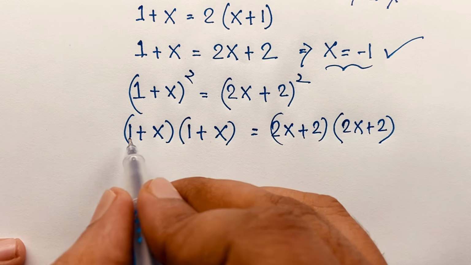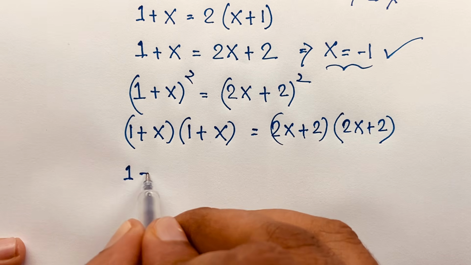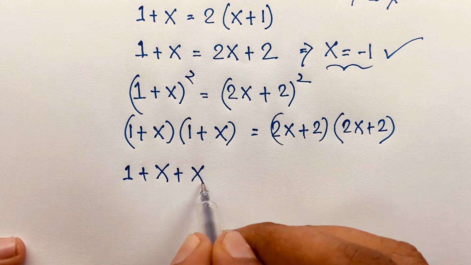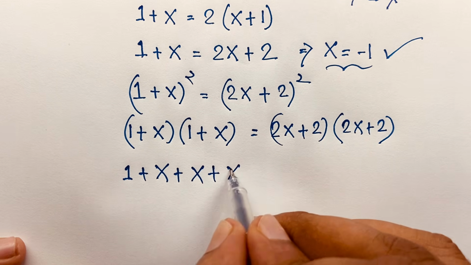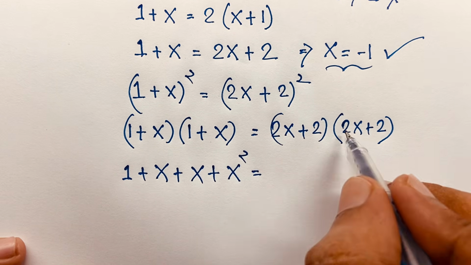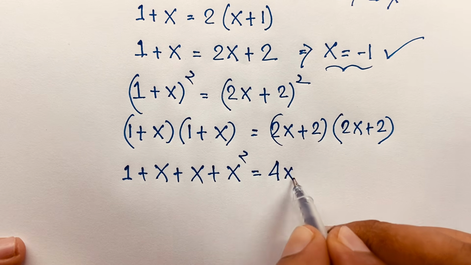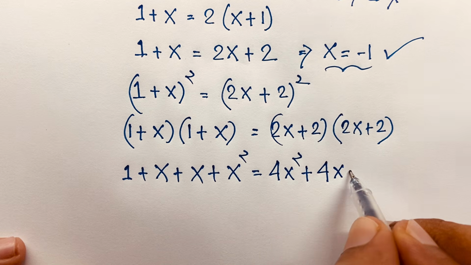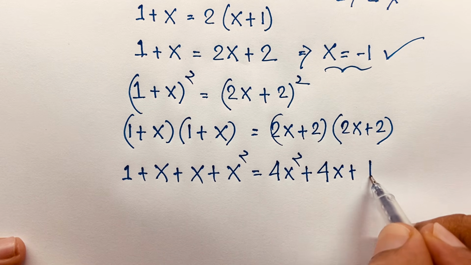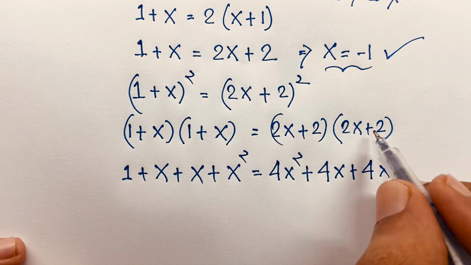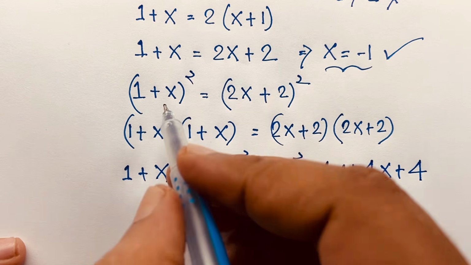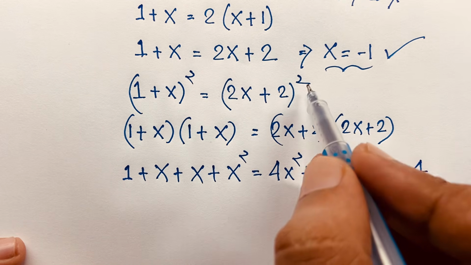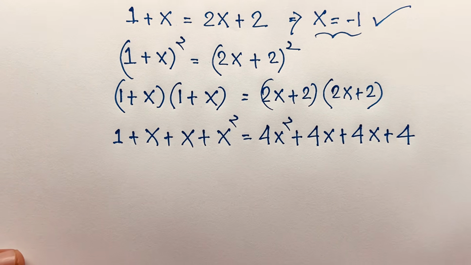Now 1 times 1 is 1, plus 1 times x is x, plus x times 1 is x, and x times x is x to the power 2. And 2x times 2x will be 4x to the power 2, plus 2x times 2 is 4x, plus 2 times 2x is 4x, plus 2 times 2 is 4. Or you can use the algebra formula, (a plus b) whole square, which is a square plus 2ab plus b square.